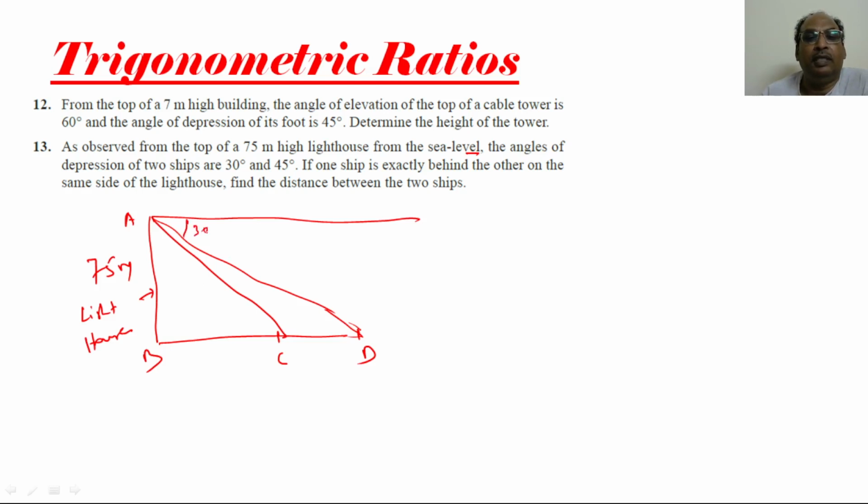So this is 30 degree, this is 45 degree. Okay. So similarly, this one will become 30 degree, this one will become 45 degree as we have told earlier.